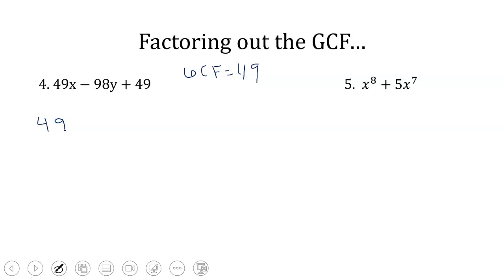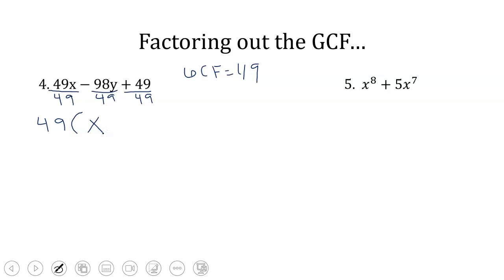So 49, we are going to divide it out. So put 49 on the outside and open your parentheses. So we're taking 49 out of every single number. So now divide 49 from every single number in our problem. So 49 divided by 49 is 1. So what's left?